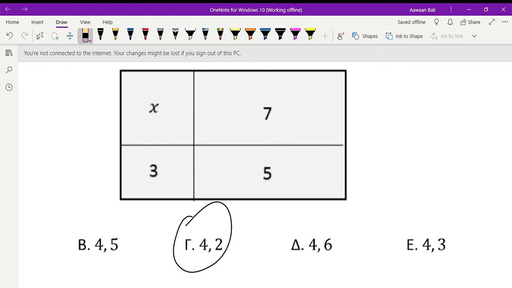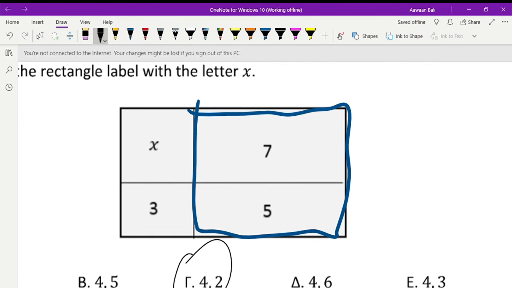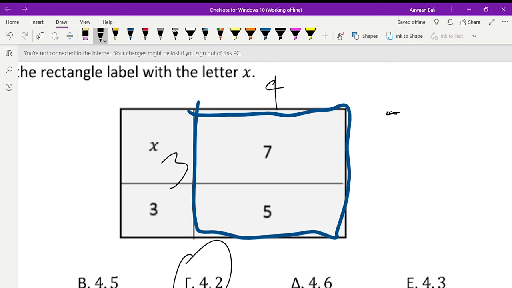Well, let's say that if we add this 7, 5, it's 12. Then it will be easier for us, because this whole thing, we can just say this is 4 and this is 3. That can give us somewhere to start with. Now, 7 divided by 4, basically.